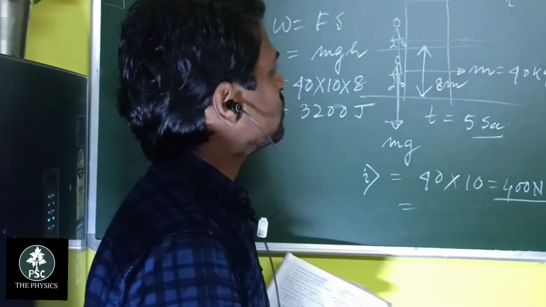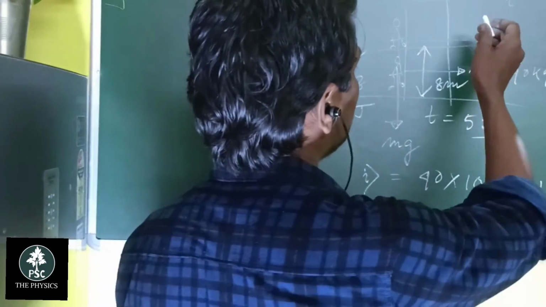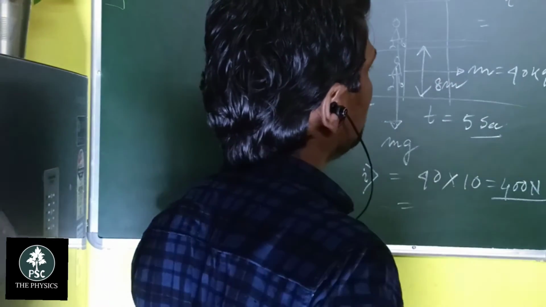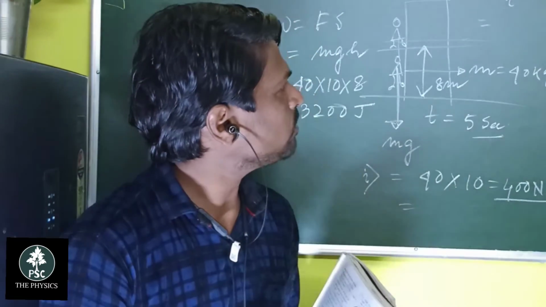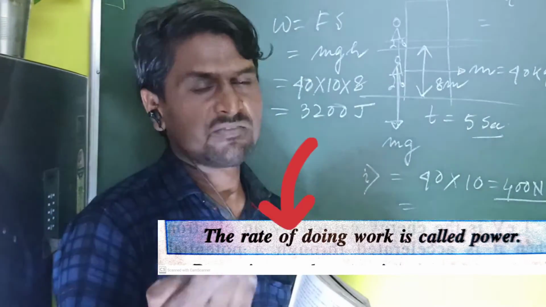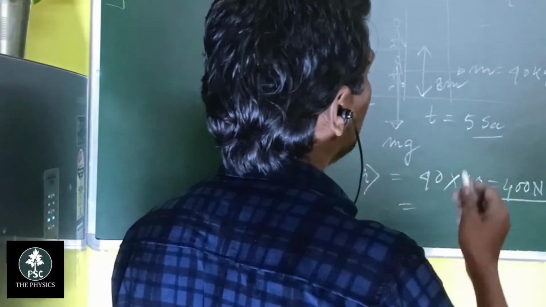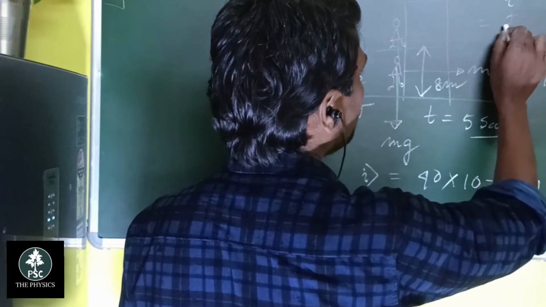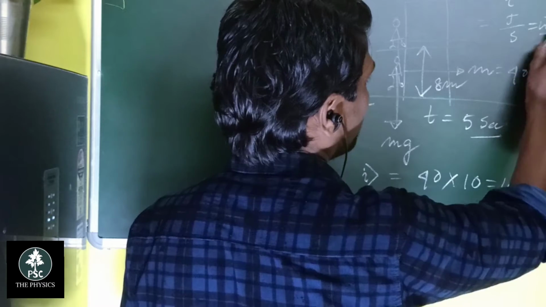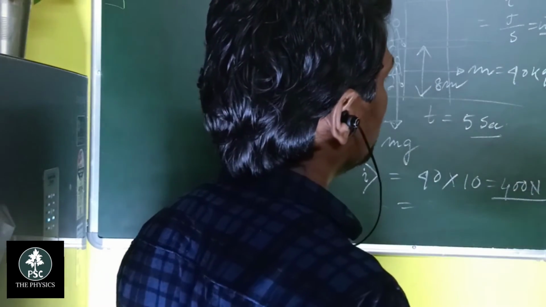Okay, so just write down this one for that particular numerical. So work done in joule, time. How much work is done in a specific time, that is called power. So power equals joule by second. So this is watt, and you can simply write it as capital W.